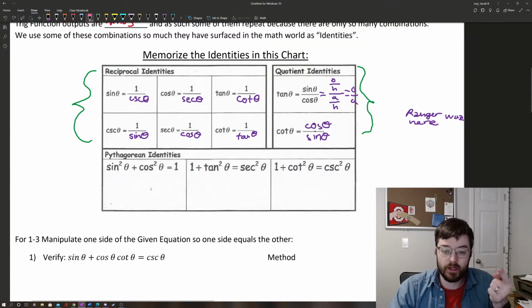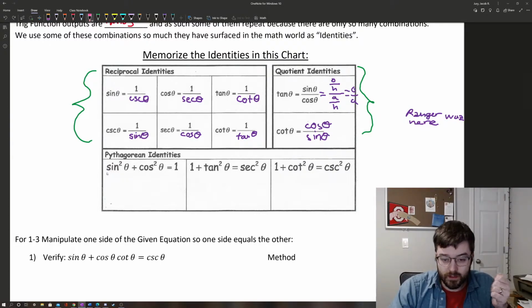But what I don't forget is that I can start at sine squared theta plus cosine squared theta and take any trig function squared. Well, I can take sine or cosine squared, and I can divide my sine squared plus cosine squared by that trig function squared.